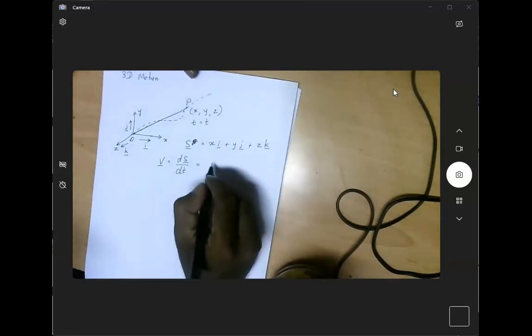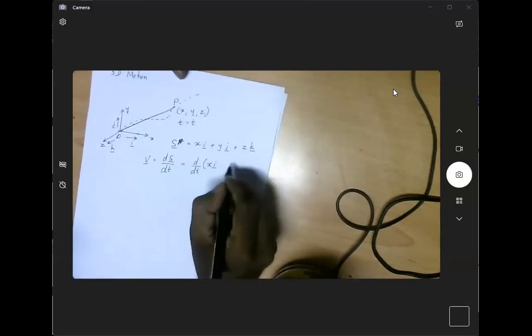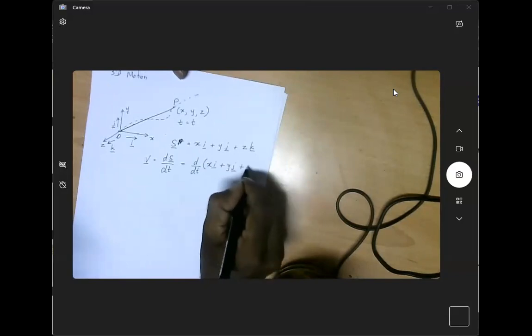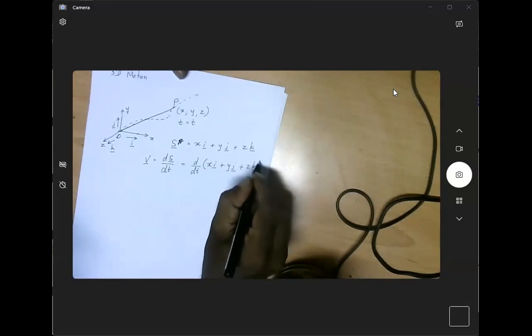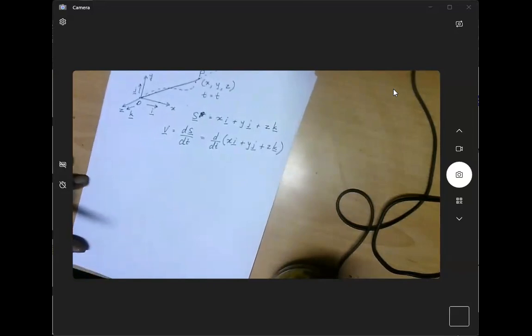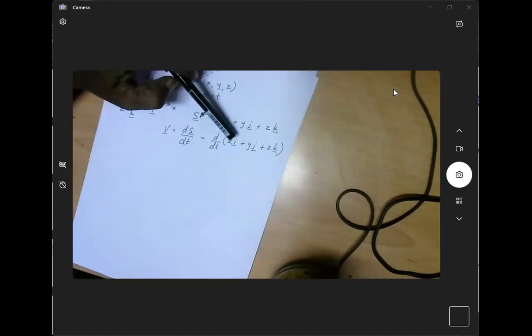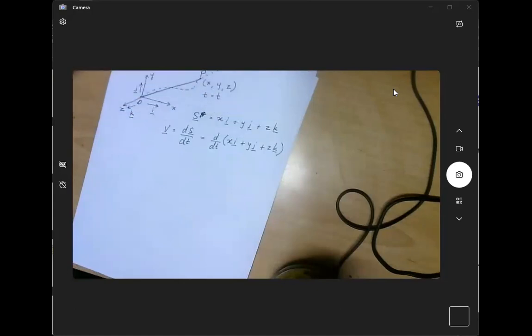Now, get the time derivative of this vector, xi plus yj plus zk. Can you do this? Quickly find the velocity by differentiating xi plus yj plus zk.